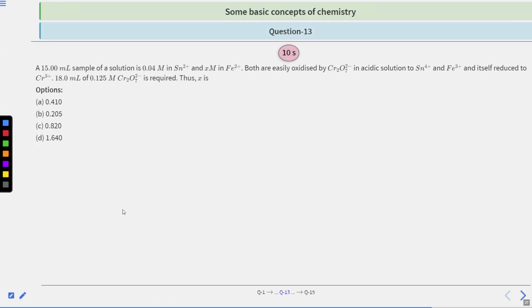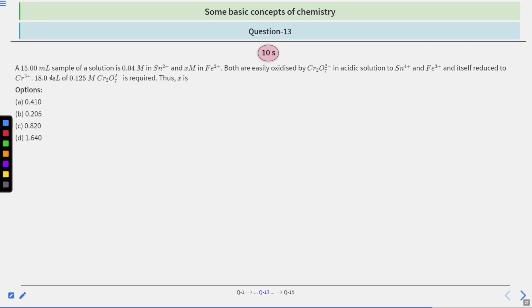Moving on to our next question, that is question number 13. A 15 milliliter sample of a solution is 0.04 molar in Sn2+ and X molar in Fe2+. Both are easily oxidized by Cr2O7 2- in acidic solution to Sn4+ and Fe3+, and itself reduced to chromium 3+. 18 ml of 0.125 molar Cr2O7 2- is required.